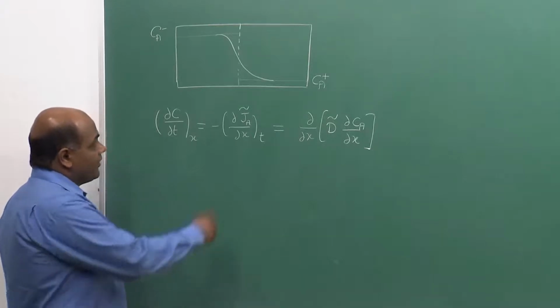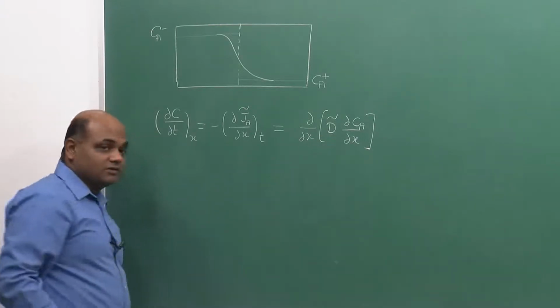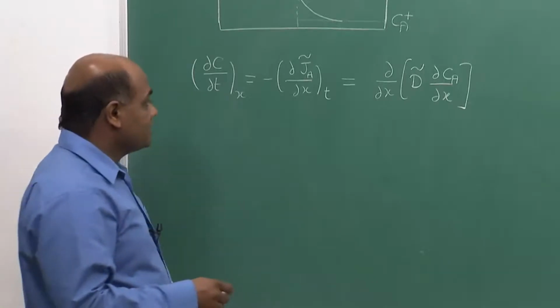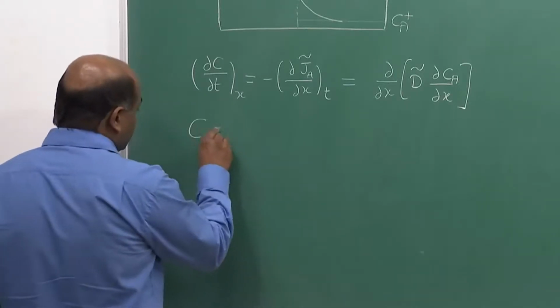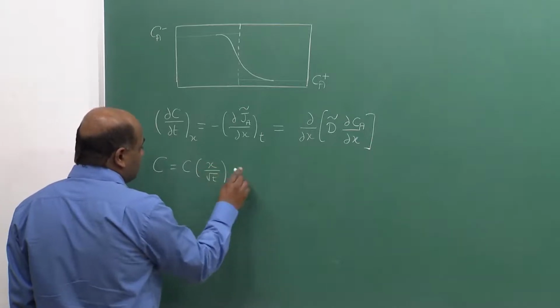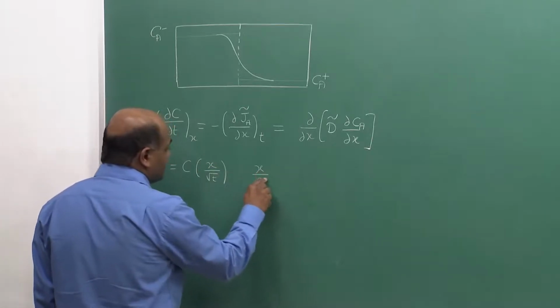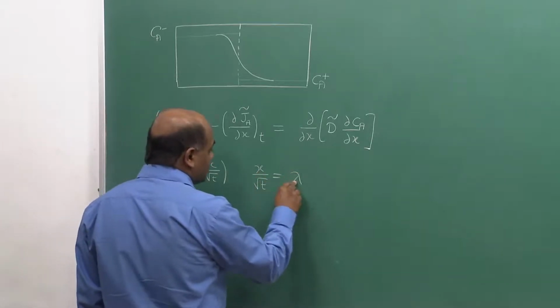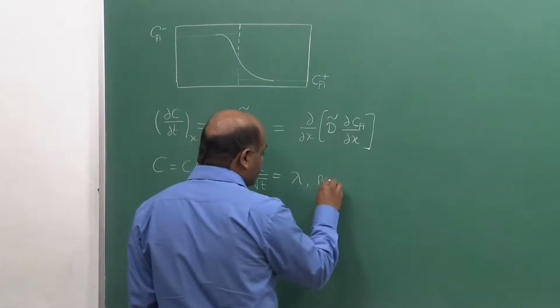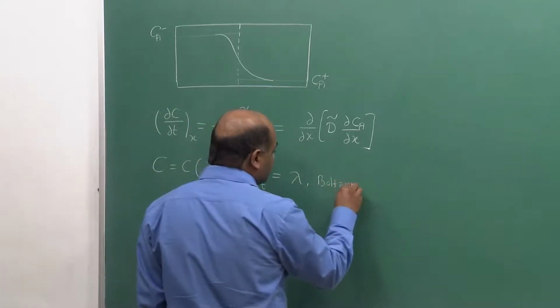We know when D tilde was constant, we solved this equation analytically, and we know that C is a function of x over root t, where x over root t is equal to lambda, which is known as Boltzmann parameter.